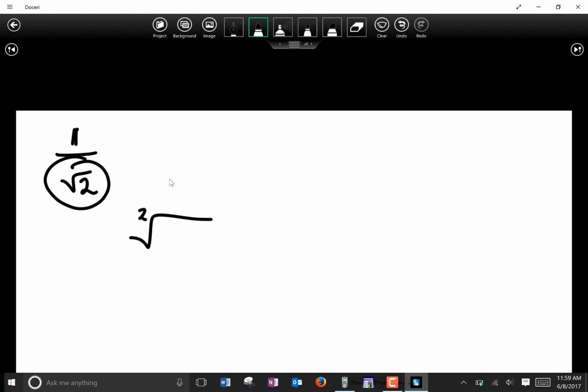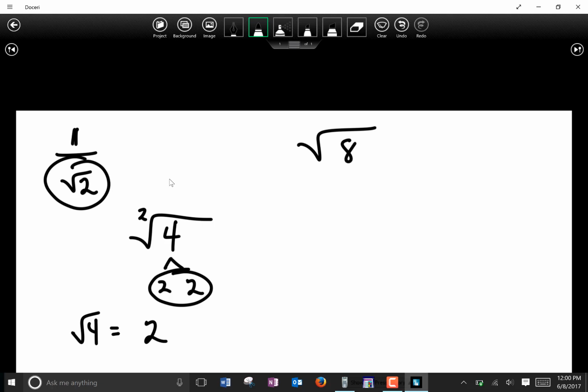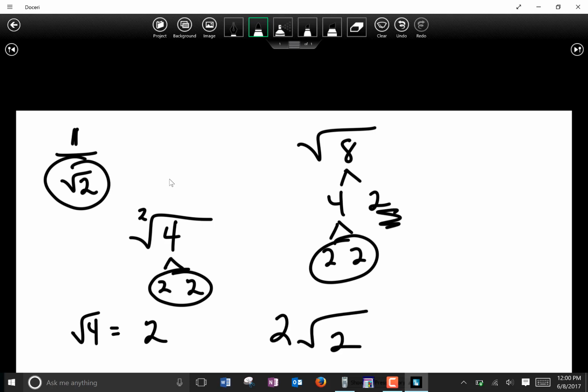So what it's saying is, if you have the square root of 4, it's saying that 2 times 2 happens to be 4, so since there are 2 of those, the 2 gets to come out, and that's why the square root of 4 is equal to 2. So if I had, let's say, the square root of 8, and I said, well, 8 is 4 times 2, and 4 is 2 times 2, the exact answer for the square root of 8 would be, since there are 2 2's, a 2 gets to come out. This one doesn't have a partner, so it must stay in there. So that's its official answer.